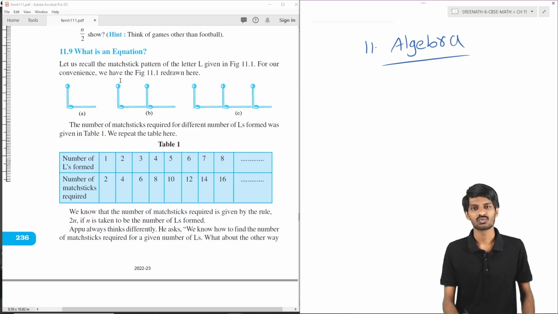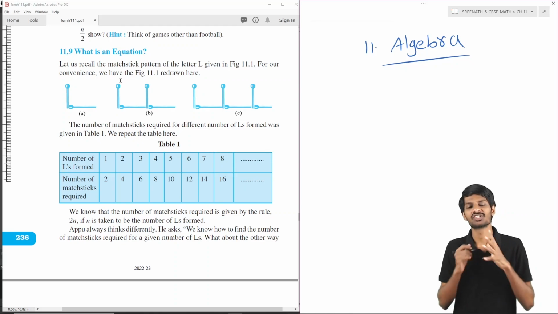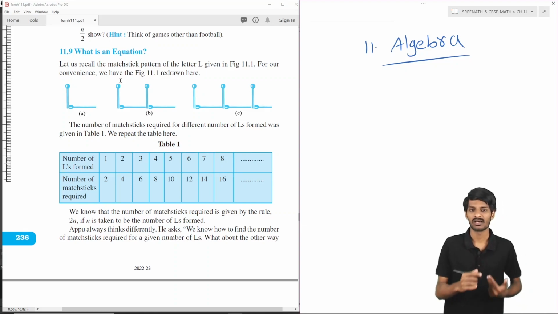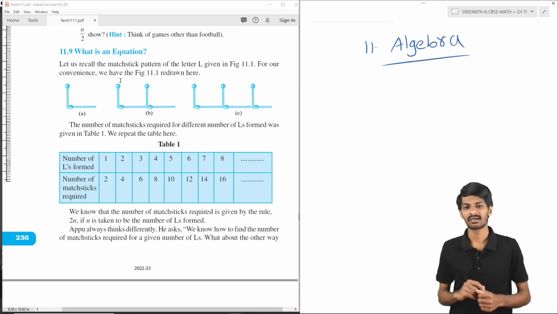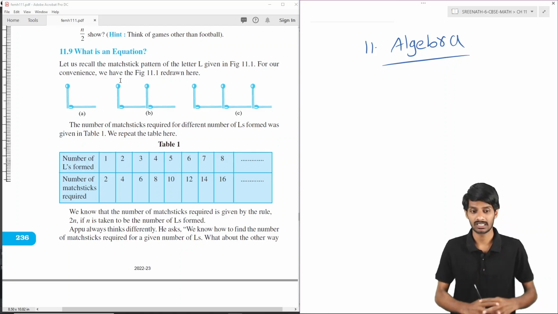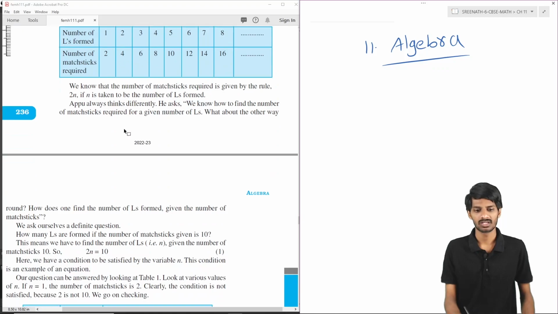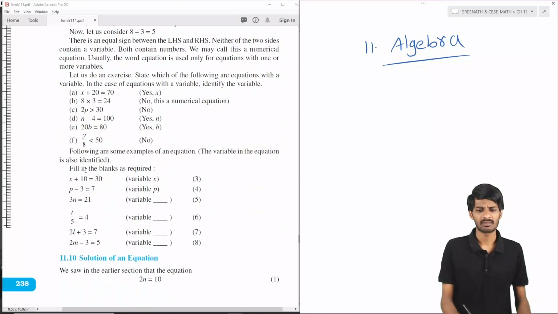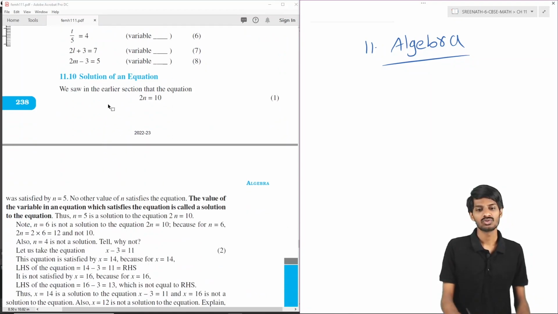Next thing is finally, what is an equation? It is the basic thing regarding equations, students. In higher classes, there are so many equations that will come and you are going to learn about all those. Next thing, after completing the equation, is solution of an equation.